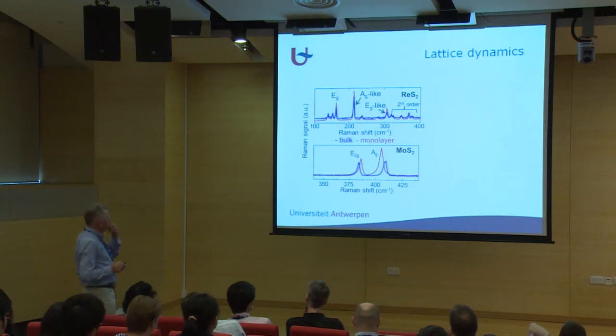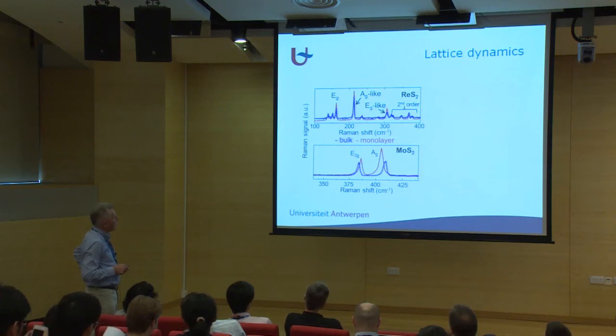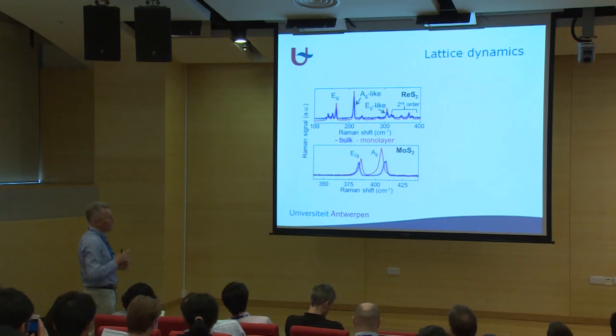Now, if you look at the Raman signal for bulk and monolayer, there's almost no difference. So also on the level of the lattice dynamics, the different layers are not coupled.